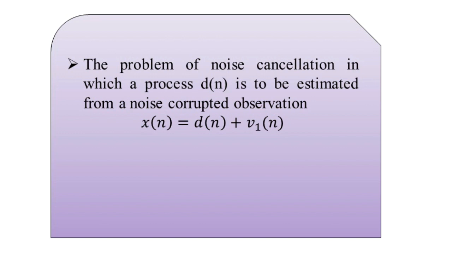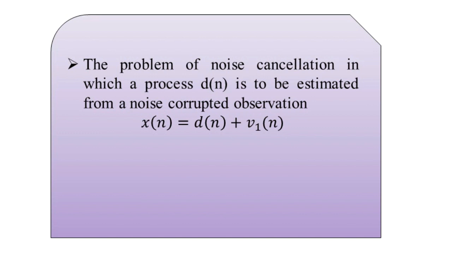It is very clear here that without any background information about the desired signal or the noise signal, it is not possible to separate the intended signal from the noise, which is what we intend to do practically. So here we expect to be given a reference signal, denoted by v2 of n, that is correlated with the noise signal v1 of n.